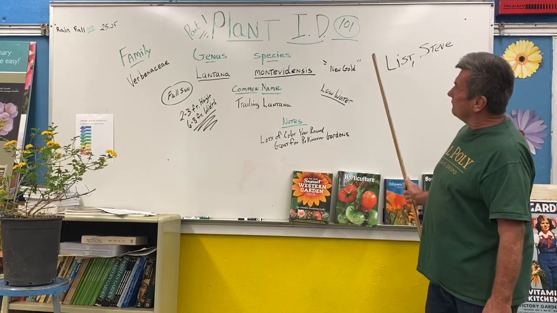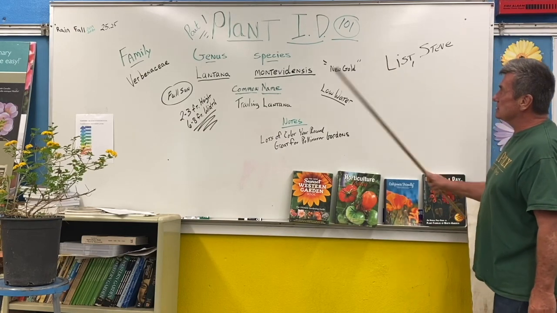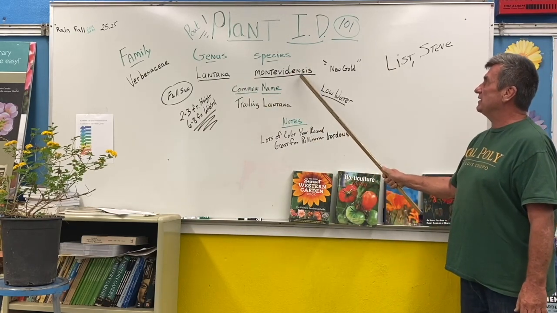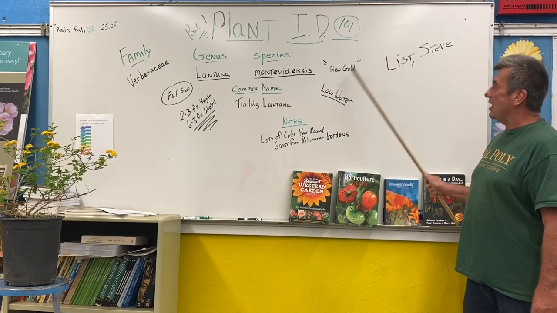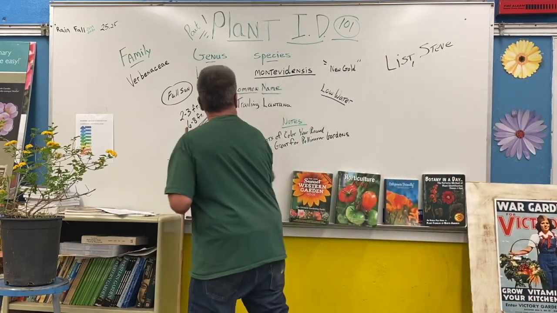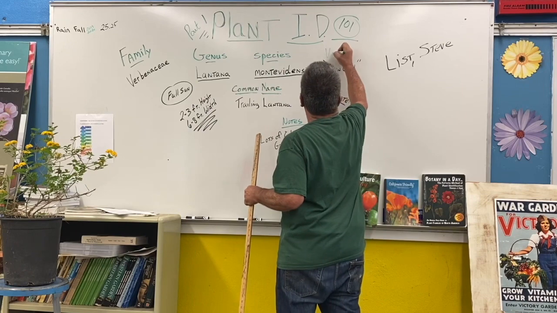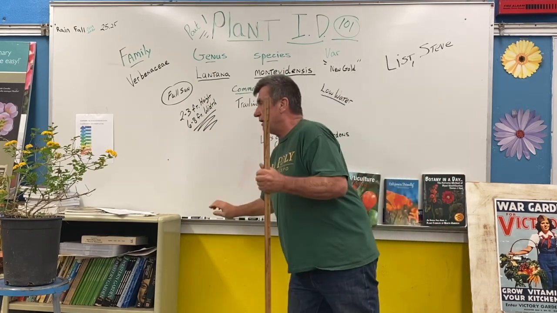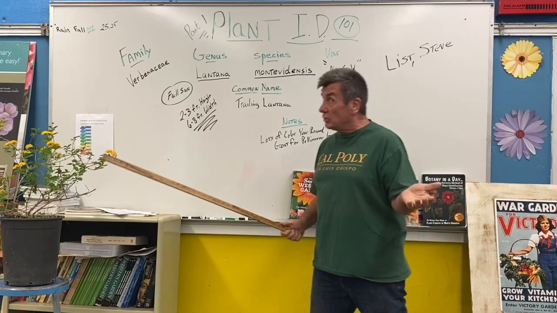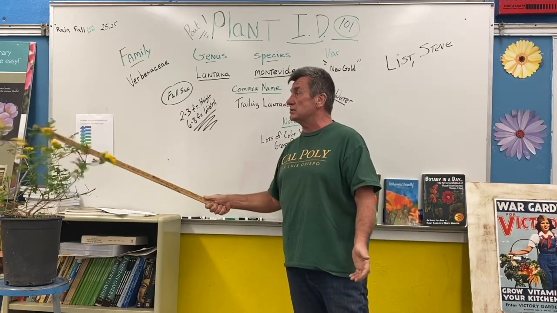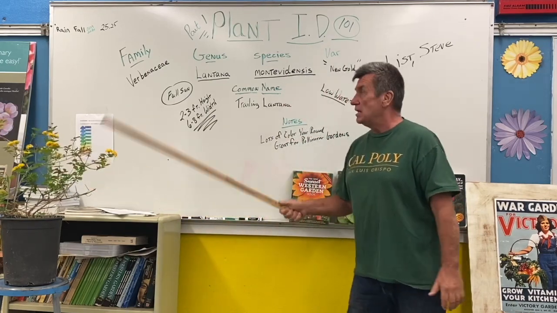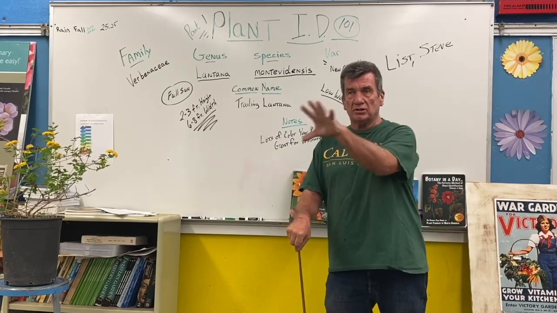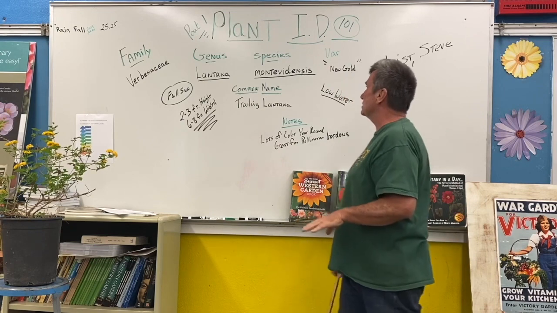So our first plant is Lantana, and the species Montevidensis, and then the variety here, I didn't put this up here, the variety is New Gold. And since most of my class, when we're not distance learning, is hands-on, you can see this is our Lantana. Once I'm done with this portion of the video, we're going to go outside and do part 2, and I'm going to show you the different Lantanas.